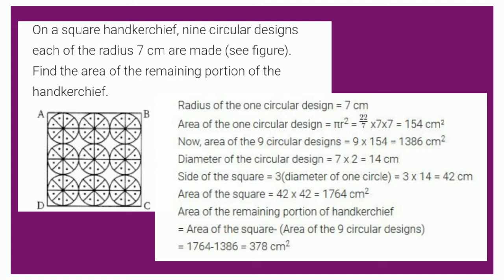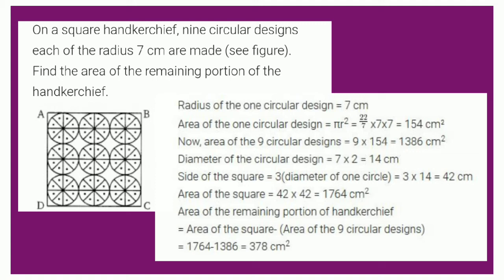Then 22 into 7 is equal to 154 centimeter square. Therefore, the area of 9 circles is equal to 9 into 154, that's equal to 1386 centimeter square.